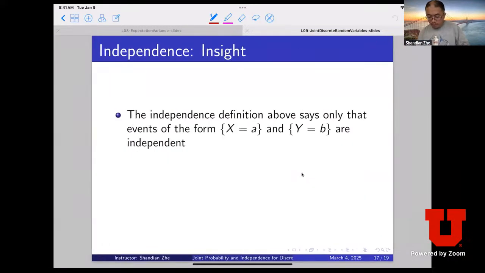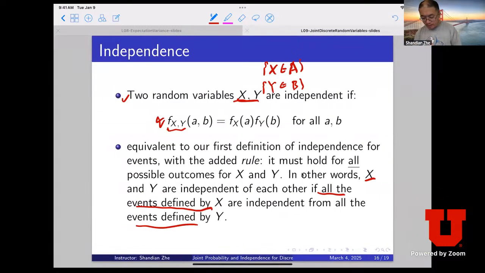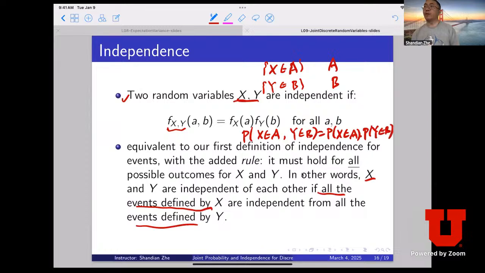And this tells us that if the two random variables X, Y are independent, then for any set A and any set B, the probability that X belongs to A and Y belongs to B is the product of the probability that X belongs to A times the probability that Y belongs to B.